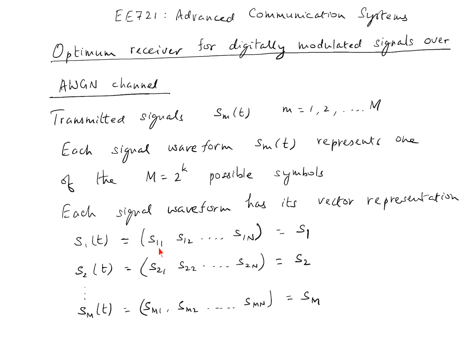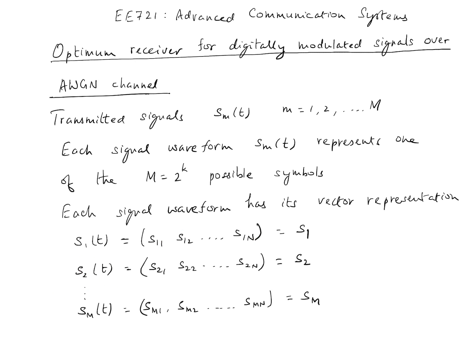So S11 is the projection of S1 of t onto the basis function phi1 of t. Similarly, S12 is the projection of S1 of t onto the basis function phi2 of t, and so on. So the projections of the signal S1 of t onto each of the n basis functions become the elements of the vector representation of the signal.